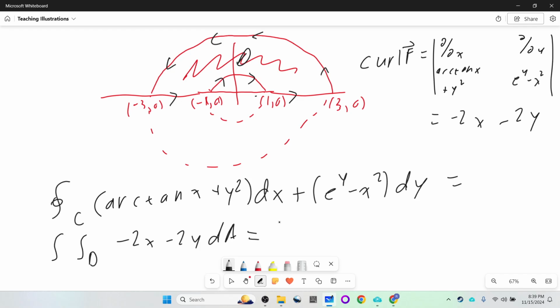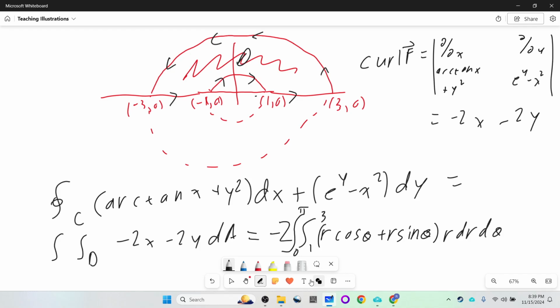So we get -2 integral of r cosine theta plus r sine theta, 2 integrals. And then dA becomes r dr d theta, r from 1 to 3, theta from 0 to pi. I'm going to erase this top part now.